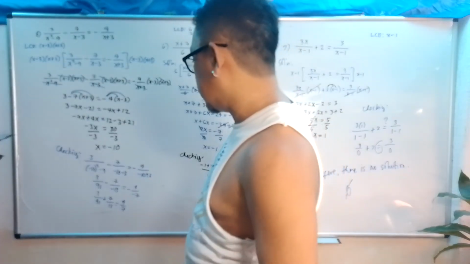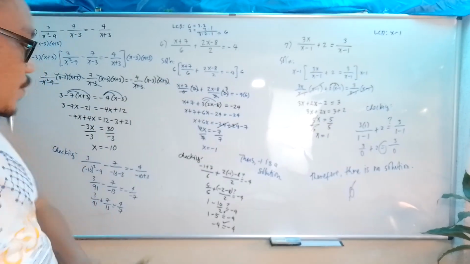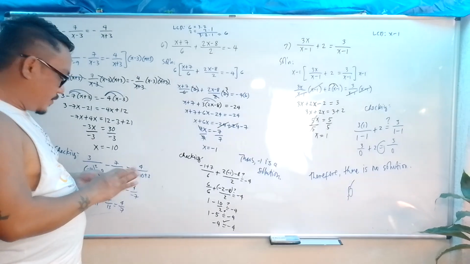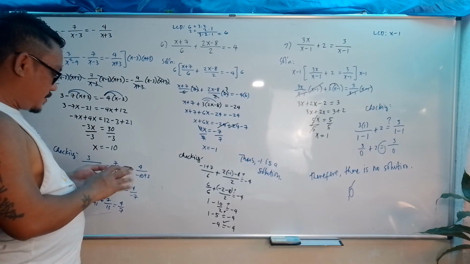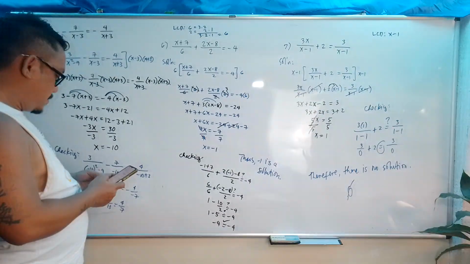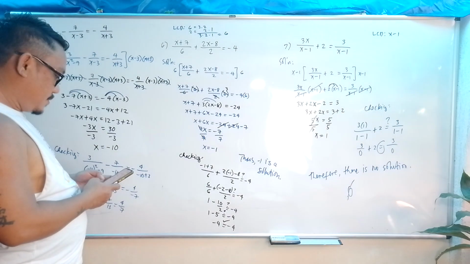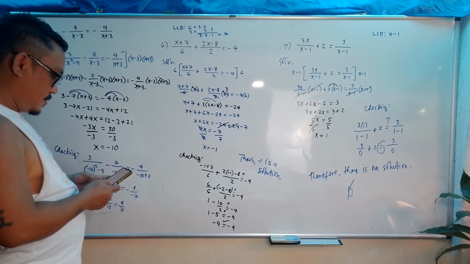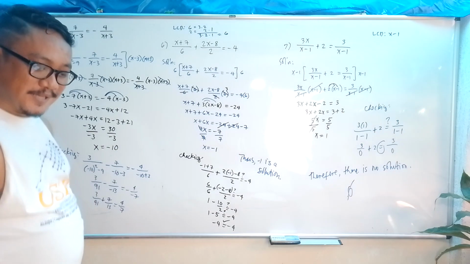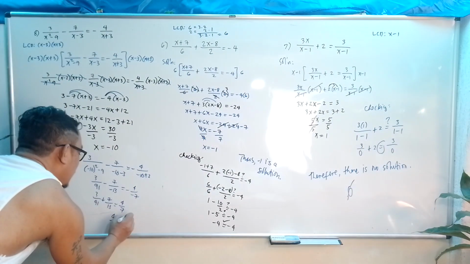Calcu ta ha. Okay, equal sila. Equal siya sa 4 over 7 is equal to 4 over 7.